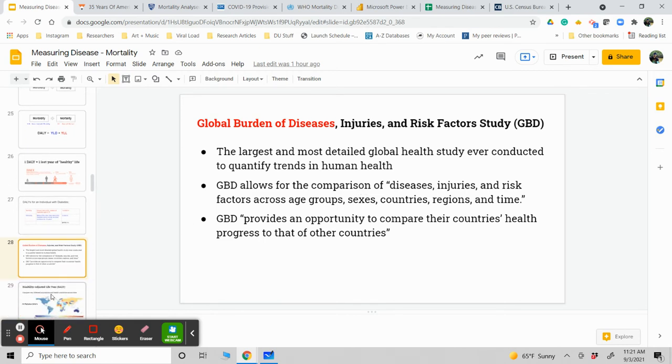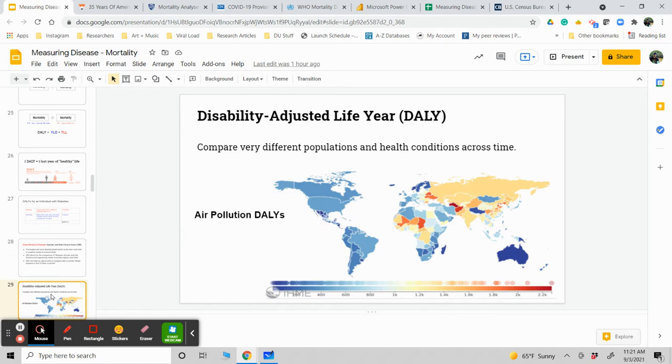Let's look at an example. So these are the DALY estimates for air pollution. Remember, the higher the number, the more years of healthy life that are lost, either due to death or living with the disease. And so we can see that air pollution is taking more healthy life away from parts of sub-Saharan Africa. We see Russia, other countries in Eastern Europe.